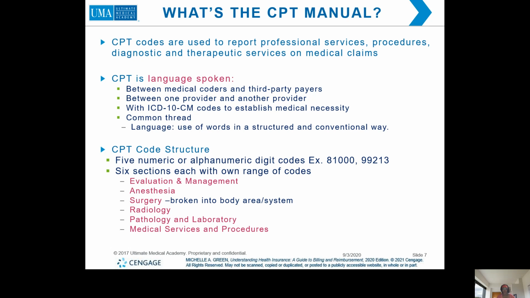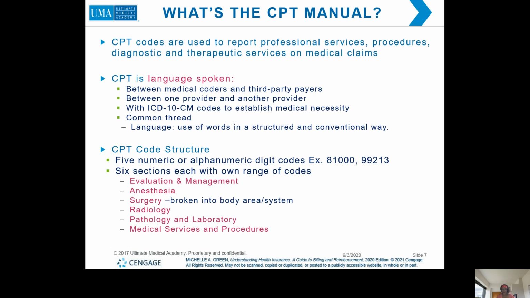So we have a code structure, and you do not need a coding book in this class, okay? But just to know what the CPT is like. So it's a 5-digit code. It could be numeric or it could be alphanumeric, okay? 5-digit code.